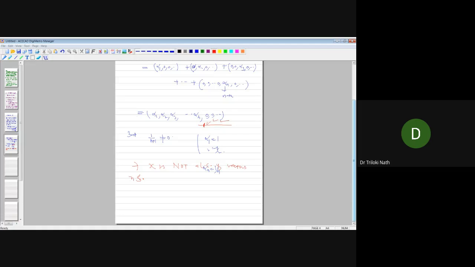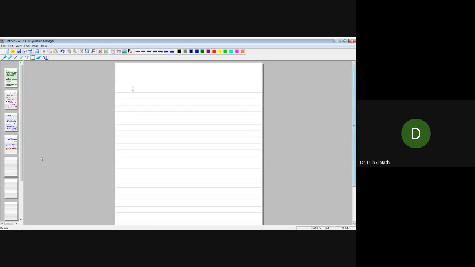Let us take another example. This example is from the polynomial vector space. The example is like this: V is equal to P3R. What is P3R? P3R means the set of all the polynomials.